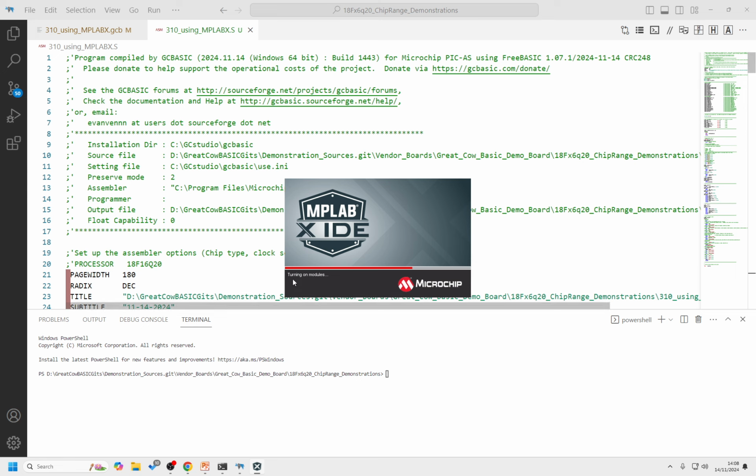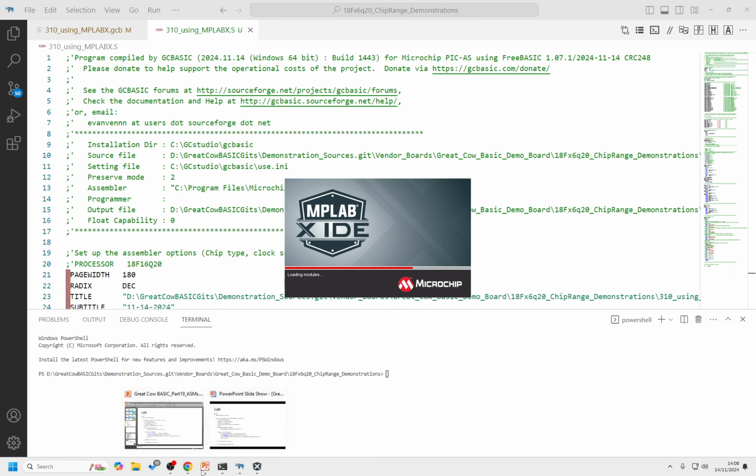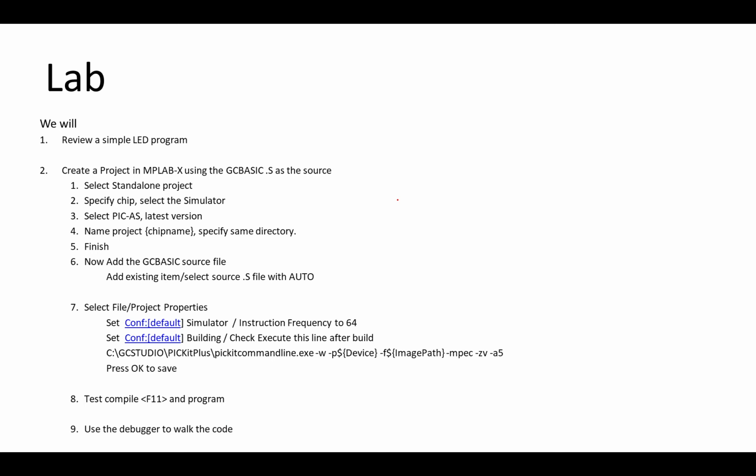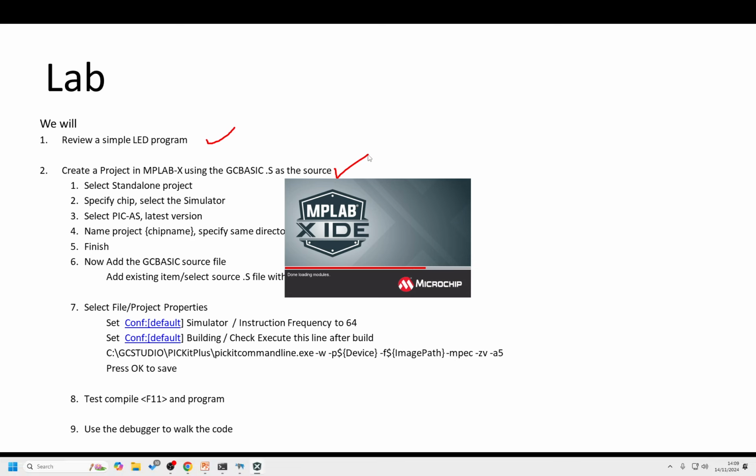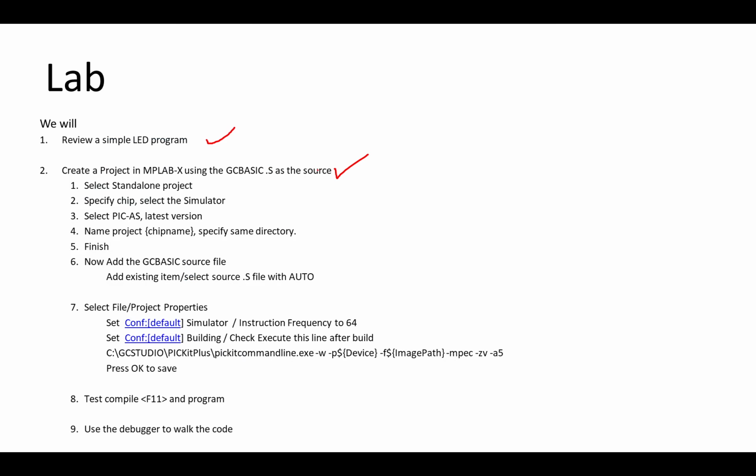Open it up. Let's look at our PowerPoint, because what we've actually done is the first few steps in here. We've viewed the simple LED tick. I've just opened up MPLAB. We'll create a standalone project, specify the chip, etc. It still hasn't loaded.